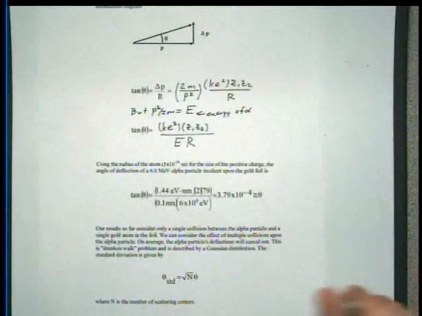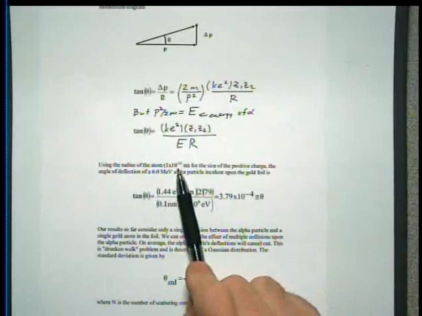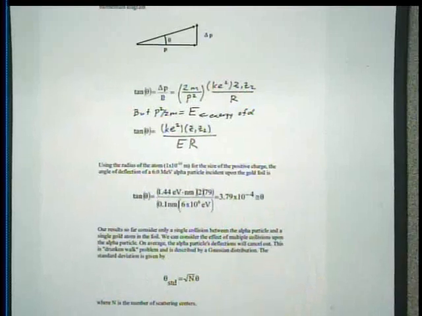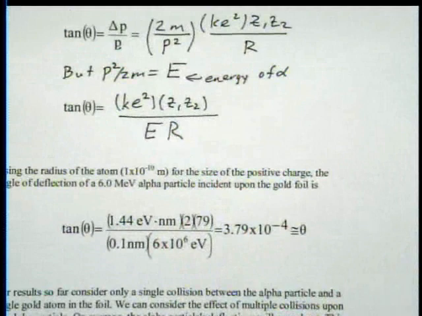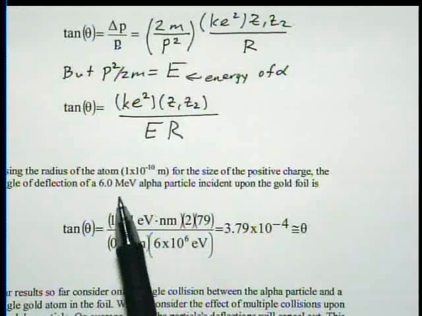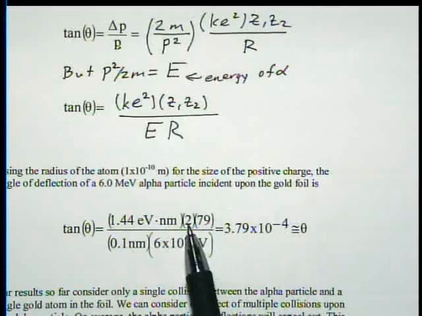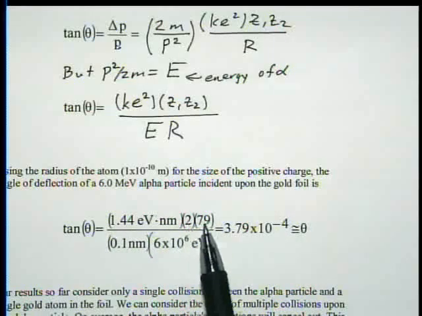So let's put some things in there. If the radius of an atom is about an angstrom, which we know it is from Avogadro and chemistry, and if we take a 6 MeV alpha, they're mostly about 5.35, 5.7. They're none above 8, and they're not below about 4. So take 6. I put in the known atomic numbers: 2 for the alpha, 79 for gold.